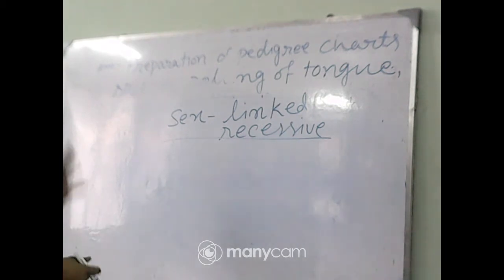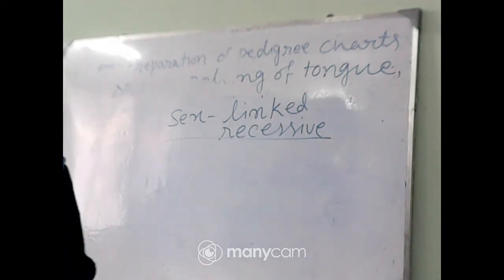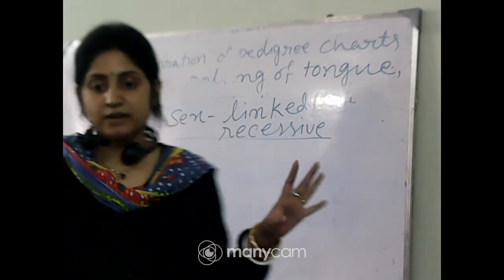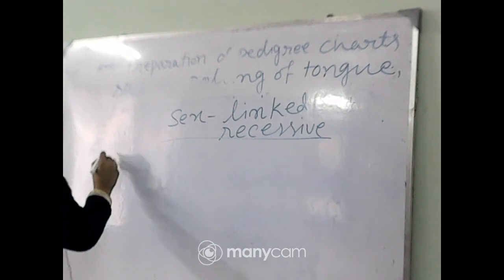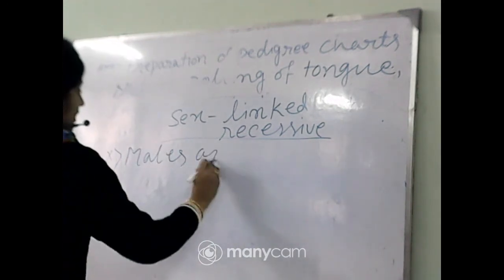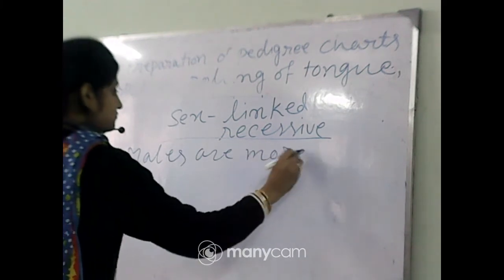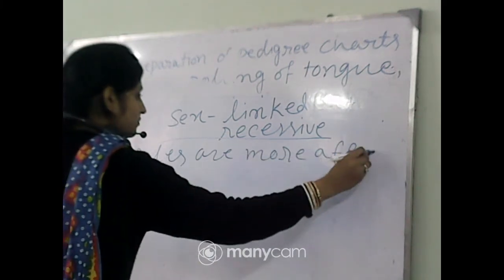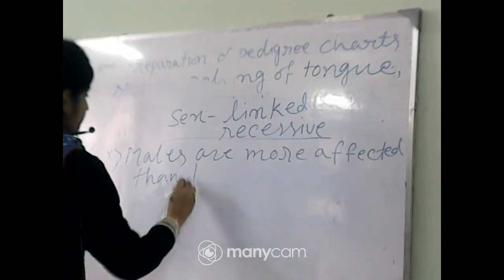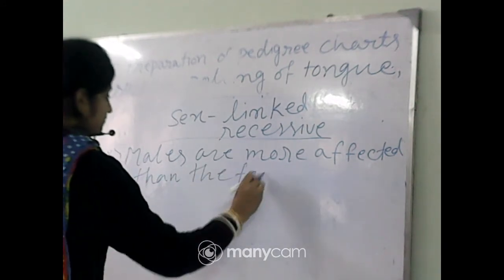First, more males than females are affected. This one is sex-linked, either females are more affected or males are more affected. In sex-linked recessive, males are more affected than the females.